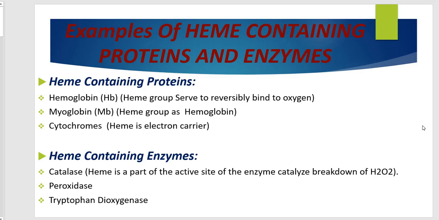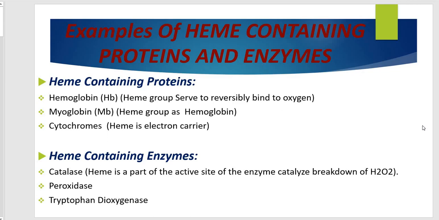Examples of heme-containing proteins and enzymes. Heme-containing proteins include hemoglobin, which serves to reversibly bind oxygen, myoglobin, which contains a heme group like hemoglobin, and cytochromes.